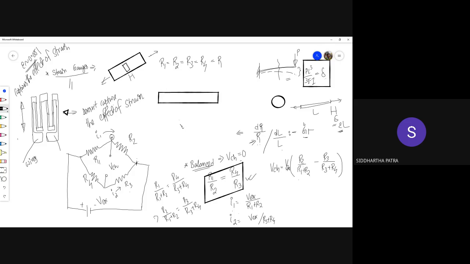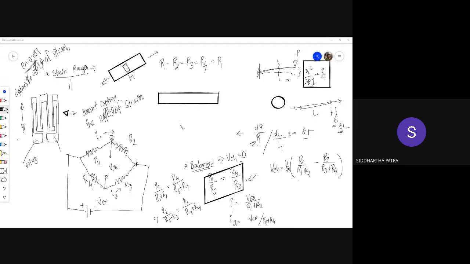Whereas it is practically impossible to cause that much elongation in the axial direction. Is it clear that bending can be done quite easily as compared to axial deformation? Yes, sir.